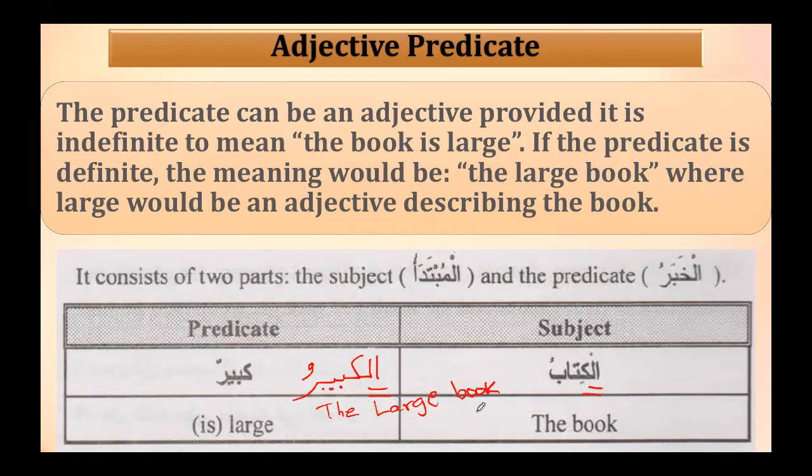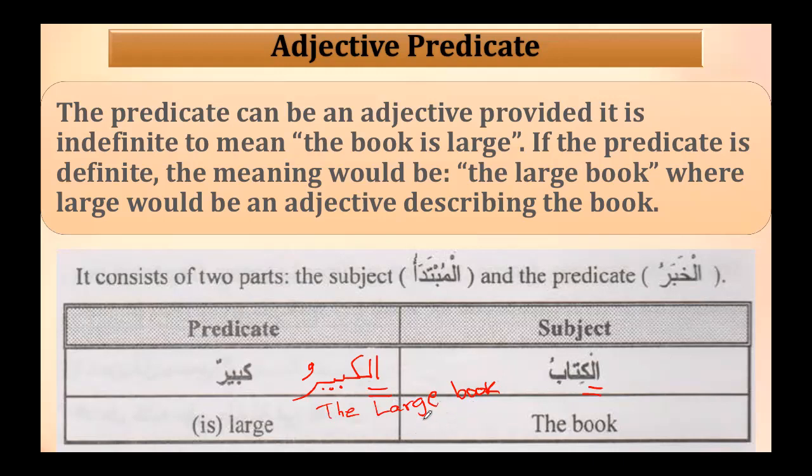It's describing your book, the large book. It's not a full sentence, right? If I say the large book, you're kind of wondering, okay, so what about the large book? It's not a complete sentence anymore. So large is an adjective describing the book.